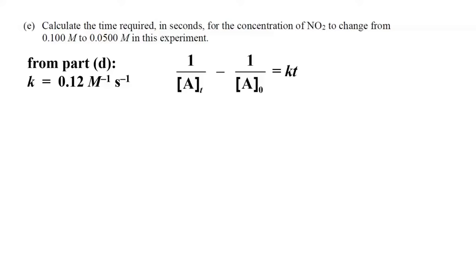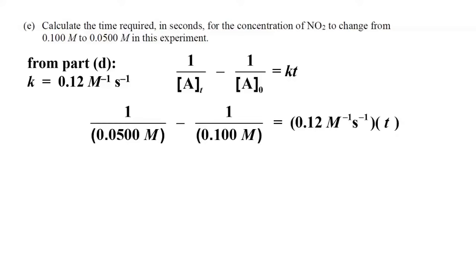There's my second order equation, and the initial concentration is 0.100 moles per liter. The final concentration at time t is 0.0500 moles per liter. I've got my rate constant in there. The only thing I don't know is the time.